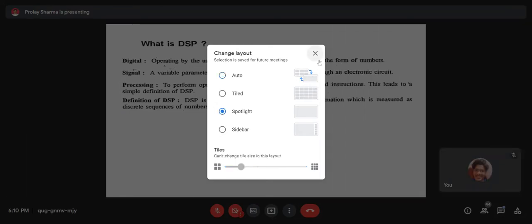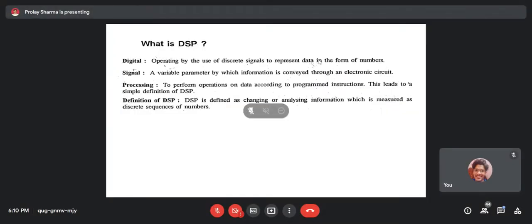And then last, processing. Processing means we will process the signal in such a way, for the betterment of the signal. We do various types of processing.